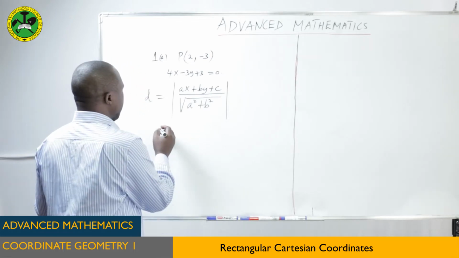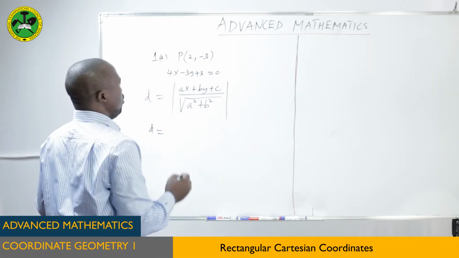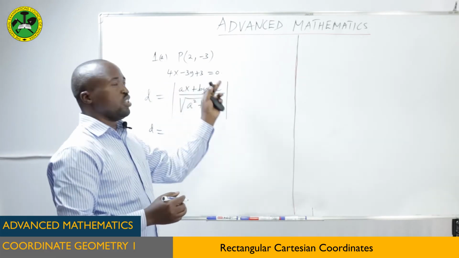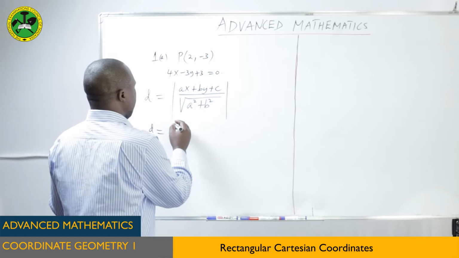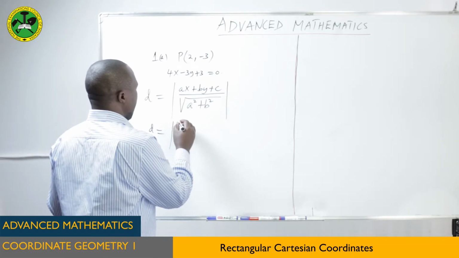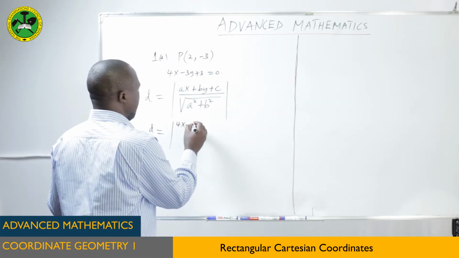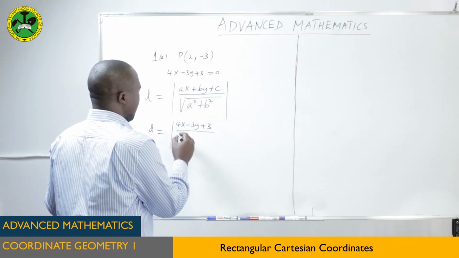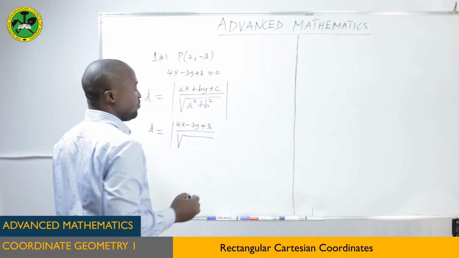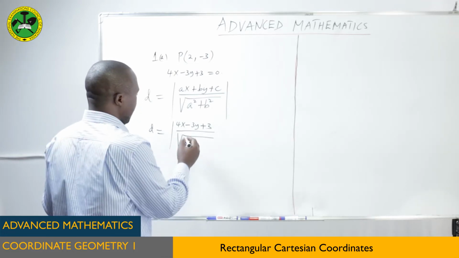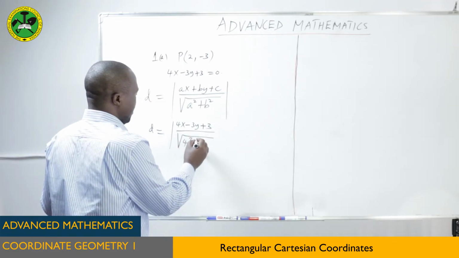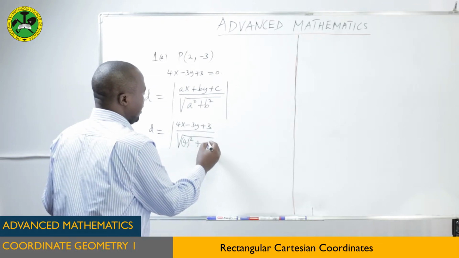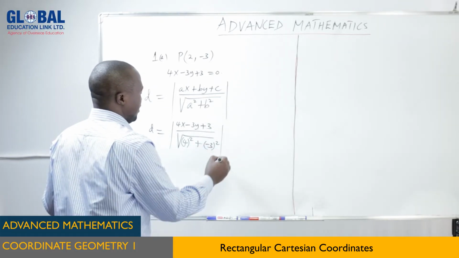So our distance will be equal to, remember AX plus BY plus C is the equation we have been given. So that is the absolute value of 4x minus 3y plus 3 over the square root of, you can see here A, that is 4 squared, plus our B is -3, again squared.